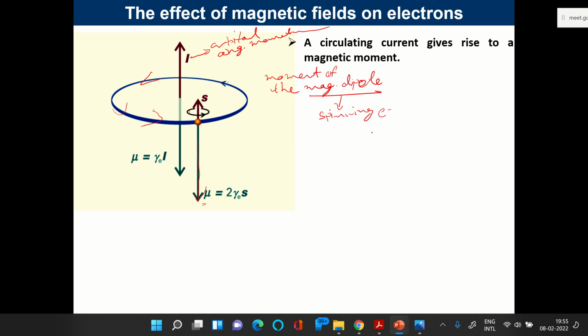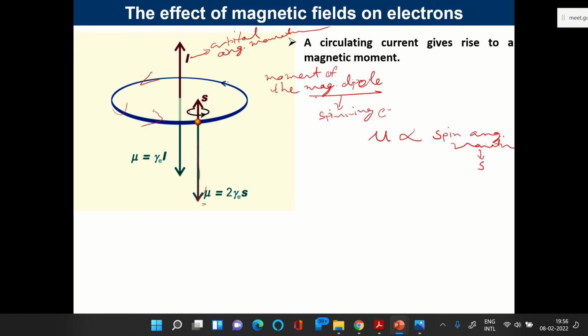If I assume this, then the magnetic dipole mu is directly proportional to the spin angular momentum, denoted by small s.